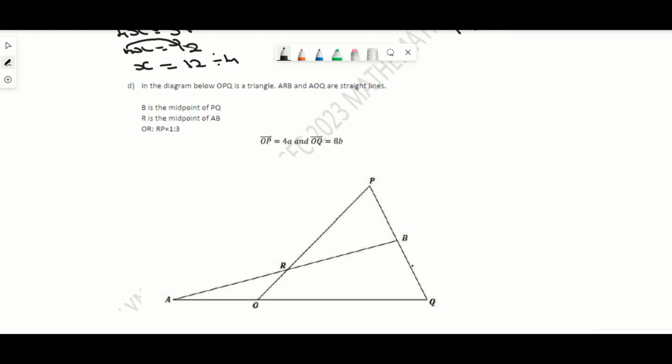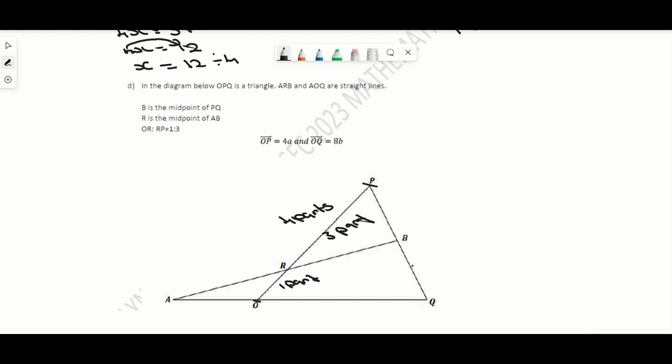That just means that B is halfway, in the middle of P and Q. R is the midpoint of AB, so on this line AB, R is in the middle of it. And then they said OR to RP is 1 to 3. So OR is one part and RP is 3 parts. So the total number of parts here from O to P would be 4 parts.